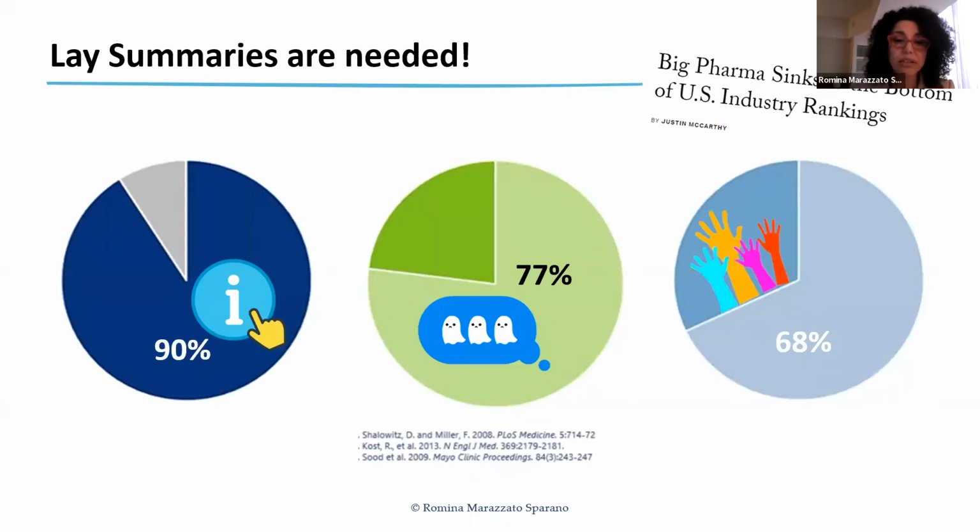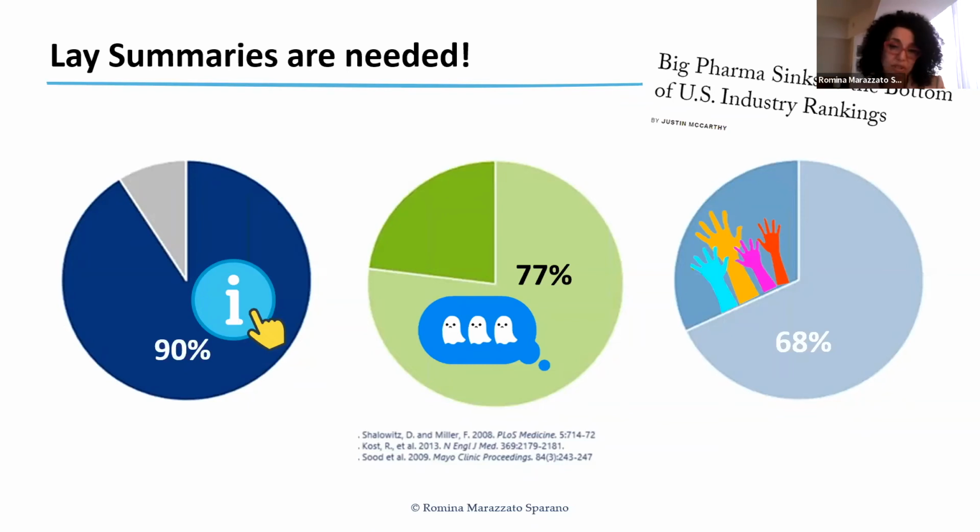The last few items, really, in the world of medical communication: lay summaries are now becoming a requirement. For instance, we can see that 90% of people polled about the pharmaceutical industry have a negative image.